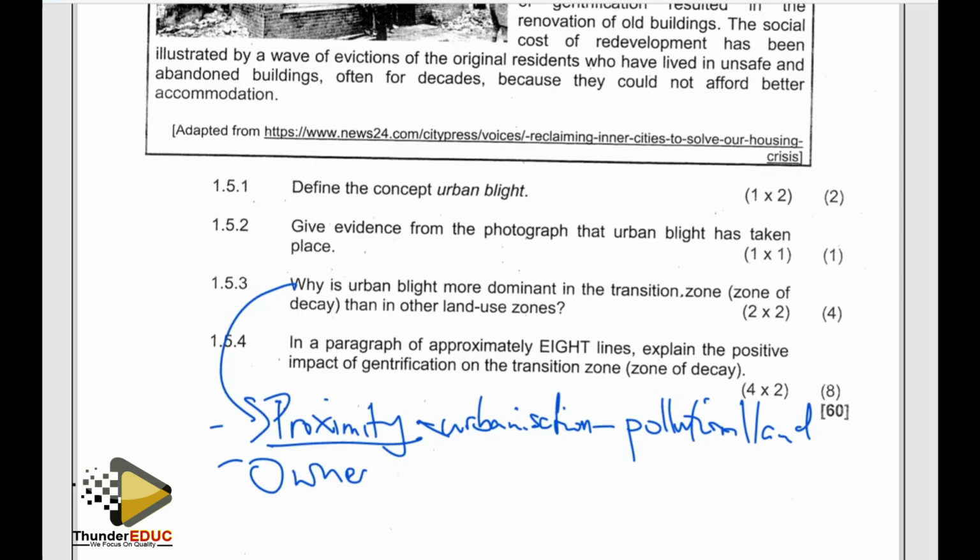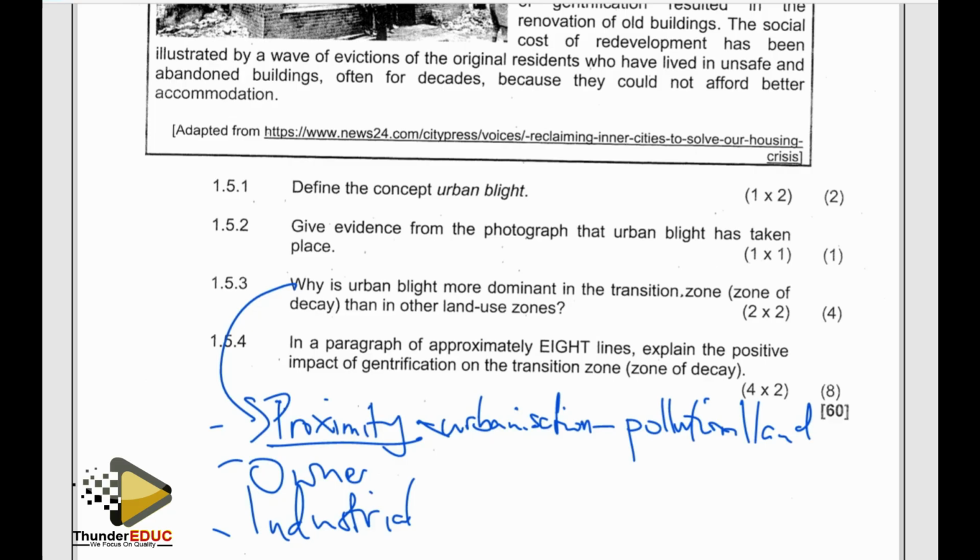The industries have declined. Remember, the zone of transition was previously the home for the industries. People working in the light industries, they are the ones who usually stay in the zone of transition. And some of them even working in heavy industries, they were staying in that zone of transition.